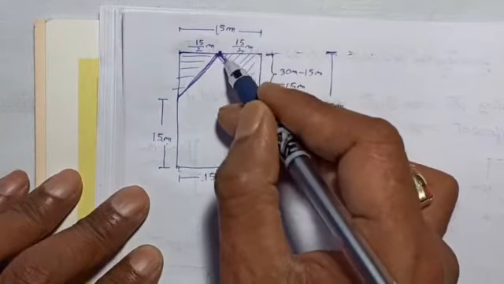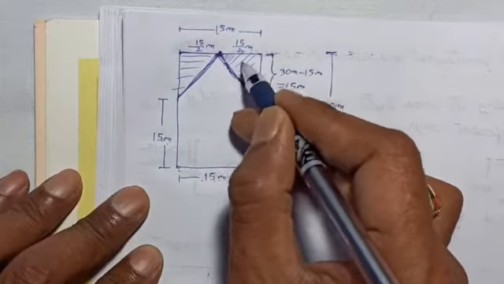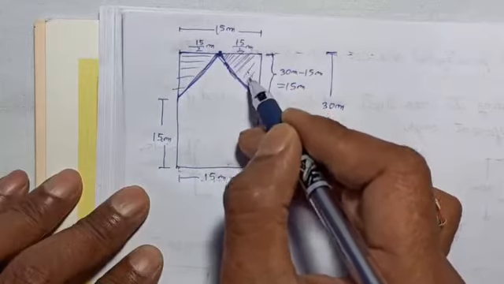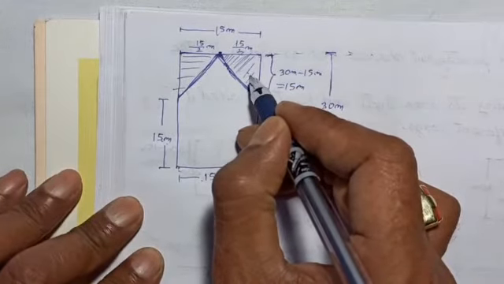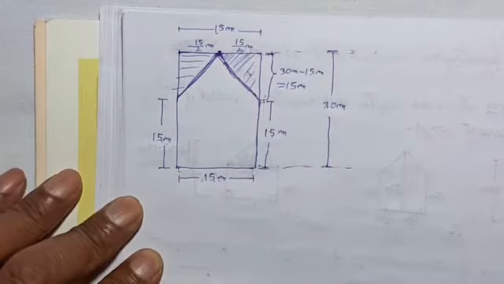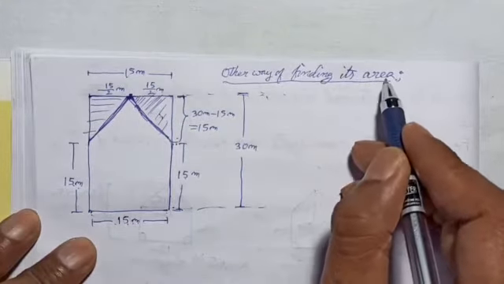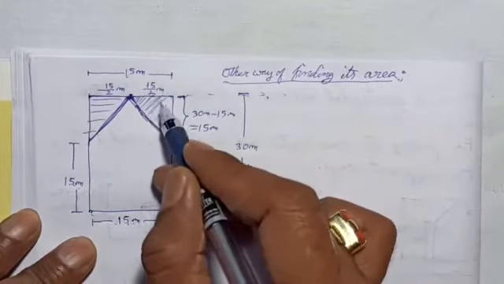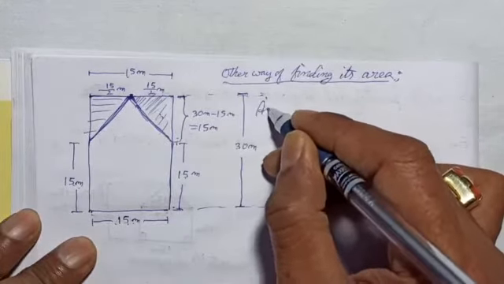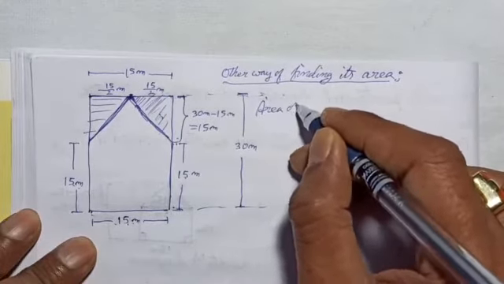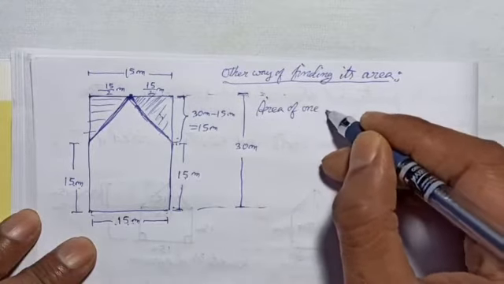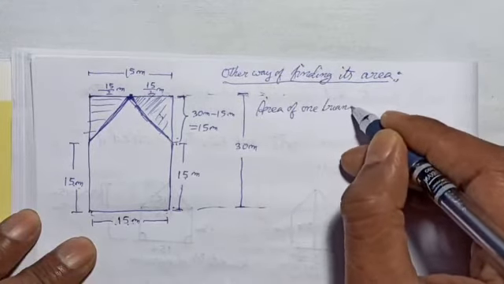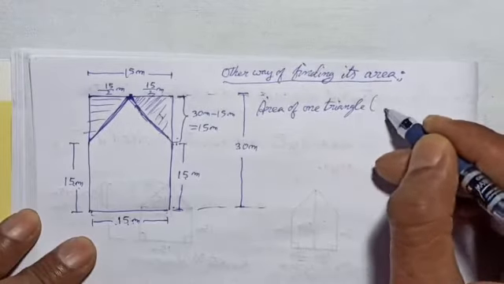Now first of all, let's take this triangle and let's find out area of this triangle. We know that area of a triangle is half base into altitude. Another way of finding its area. Area of one triangle, in the bracket, shaded portion.